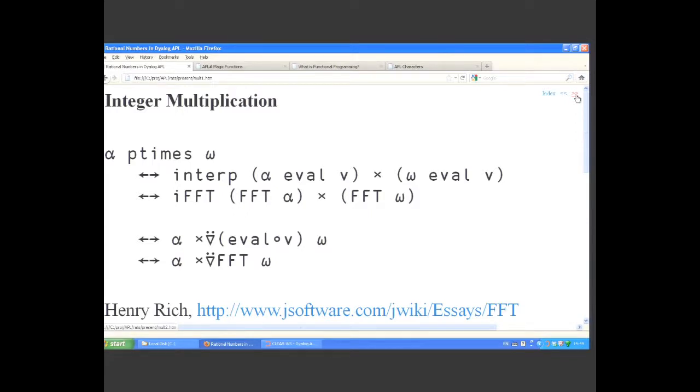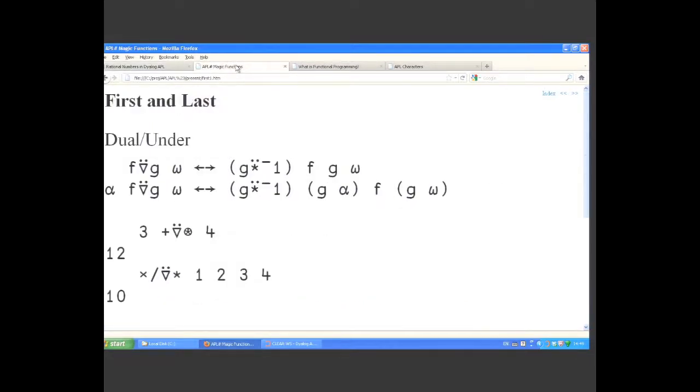Now, to understand this second set of equalities, I need to explain what this del diaeresis is. And to explain that, I'll go to a slide from a different presentation. It's called the dual or the under operator. It's a dyadic operator.